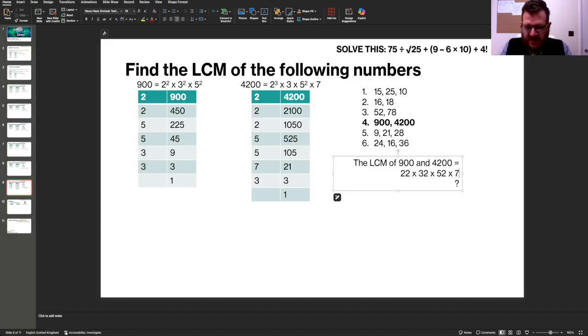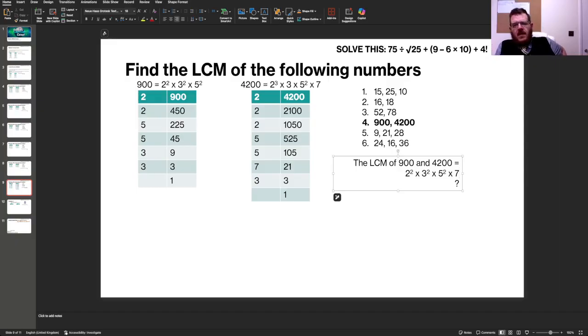And then I see a 7. But 2 squared is 4 times 3 squared, which is 9. 4 times 9 is 36. Times 25 is 800.